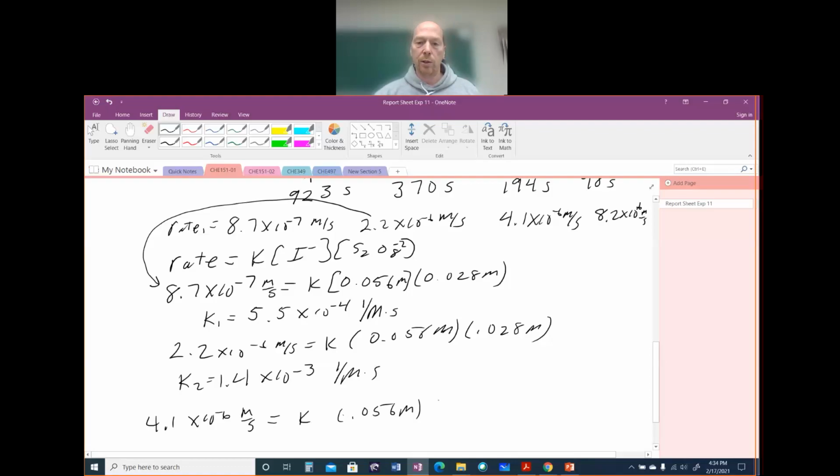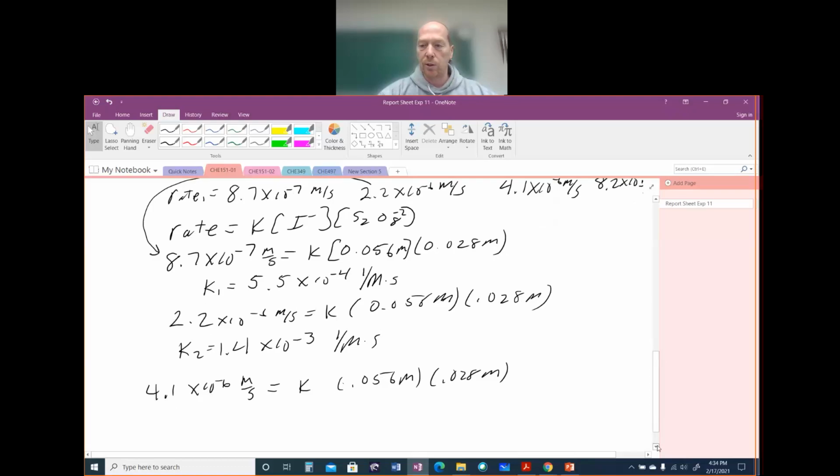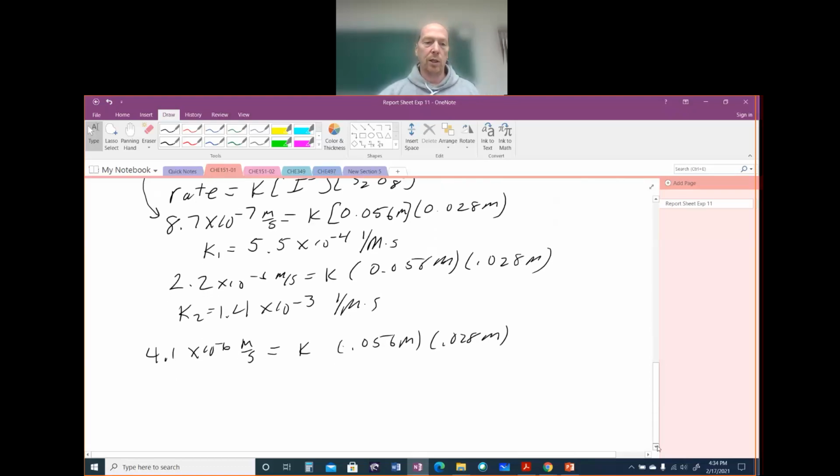0.056 molar, 0.028 molar. So all we're doing is putting in our 4 different rates. Everything else is the same, and we solve for K all 4 times. So the third K value that we get is 2.6 times 10 to the minus 3.